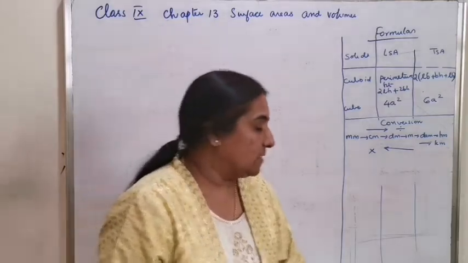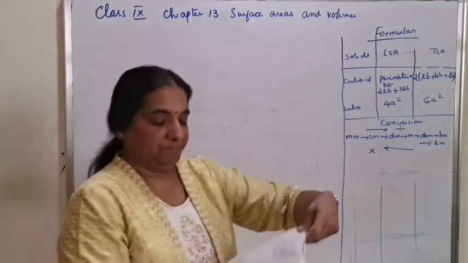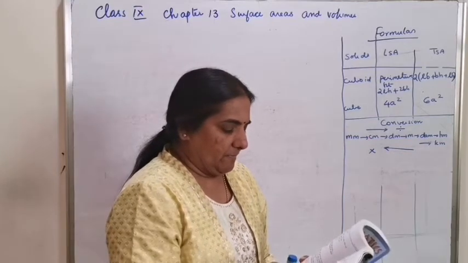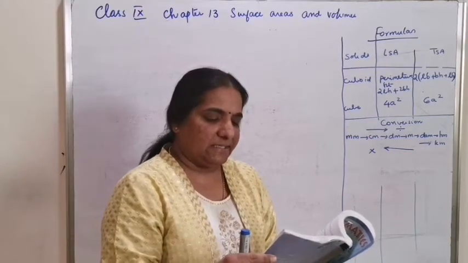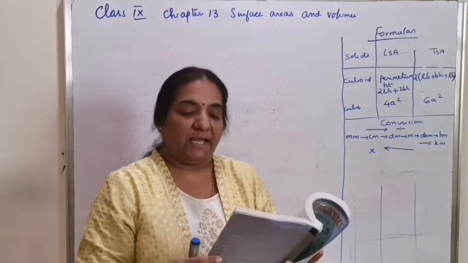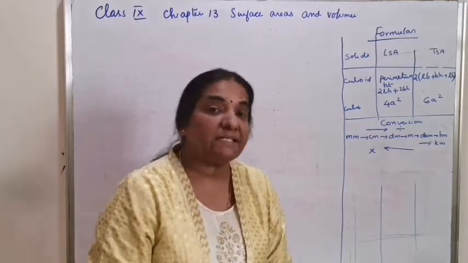Let's proceed with question number 4. The question says that the paint in a certain container is sufficient to paint an area equal to 9.375 meters square.